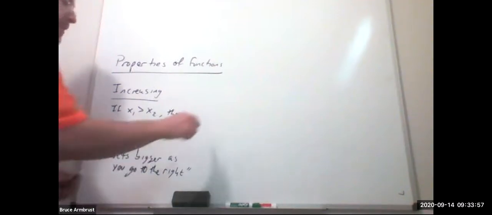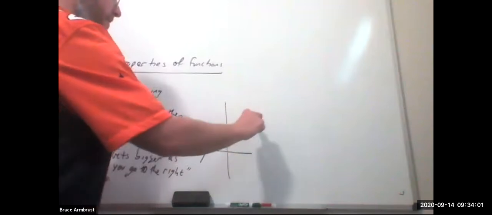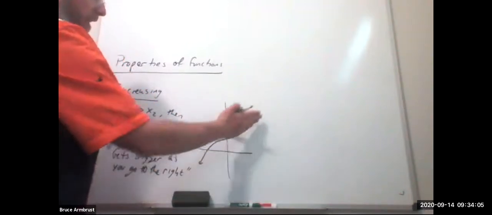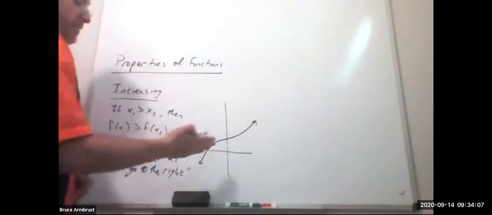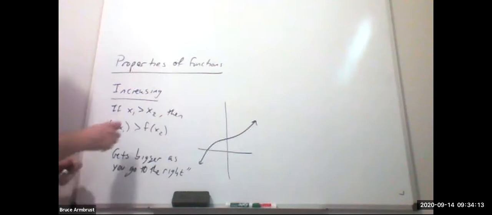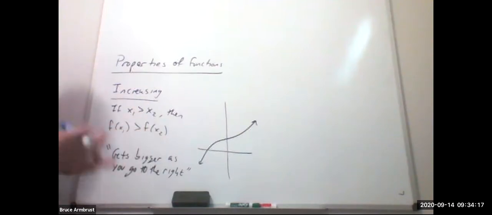All right, so basically you know what I'm talking about. Here's an example of an increasing function. As you move to the right, you're getting bigger. You're going up. And that's exactly what this says. So think about this. x1 and x2 are just two different x values. Remember the subscripts, we use that to designate things that are similar, but still different.